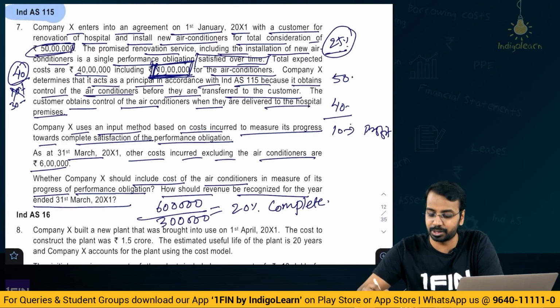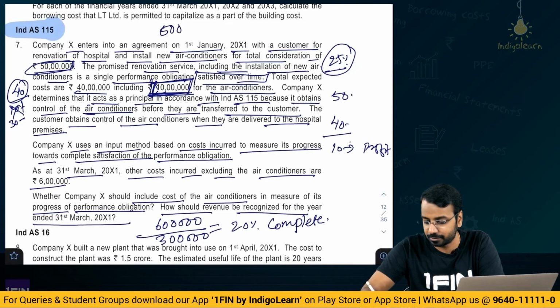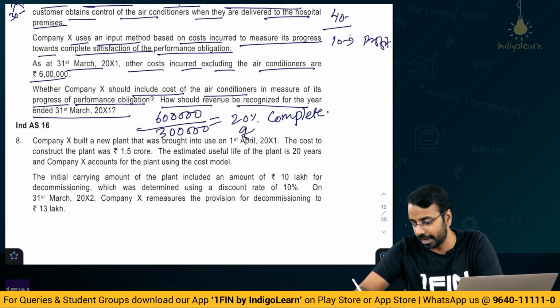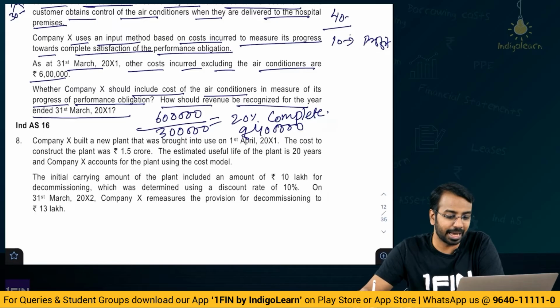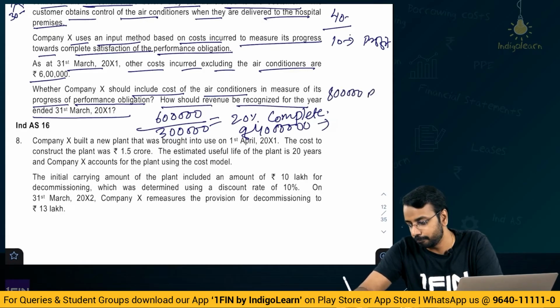See, this is a piece of machine to be delivered. The total revenue from renovation would be 50 lakhs minus 10 lakhs, which is 40 lakhs. So, 40 lakhs is the renovation related work. So, 20% of 40 lakhs, 8 lakhs, should be the revenue from renovation.